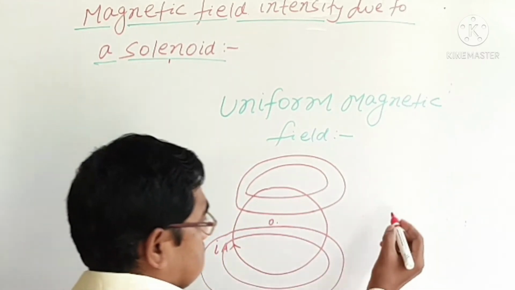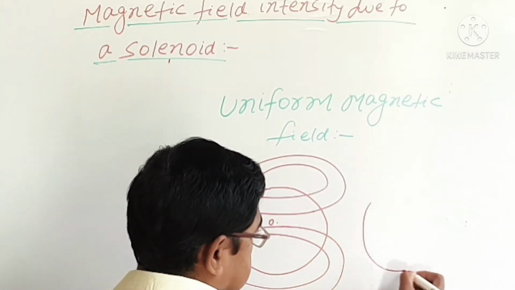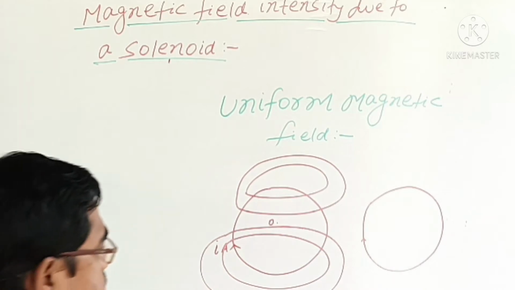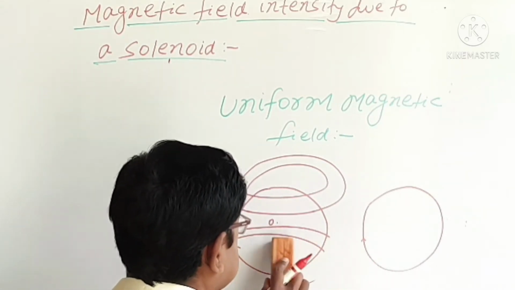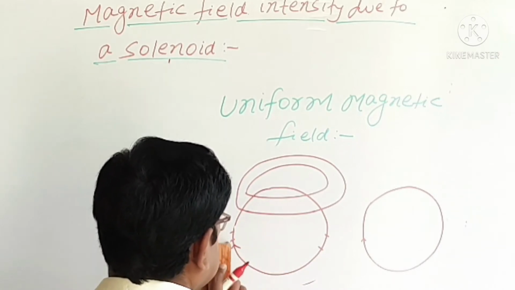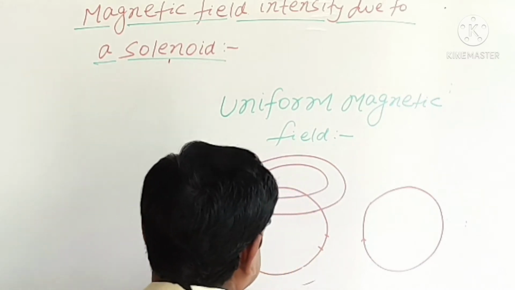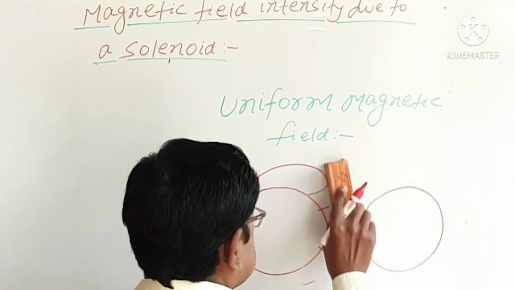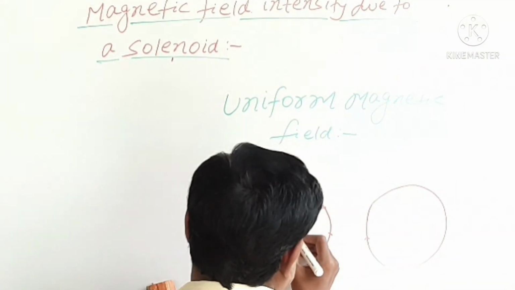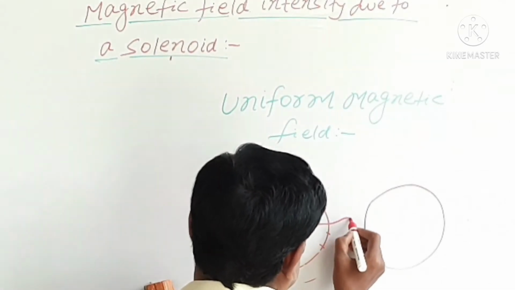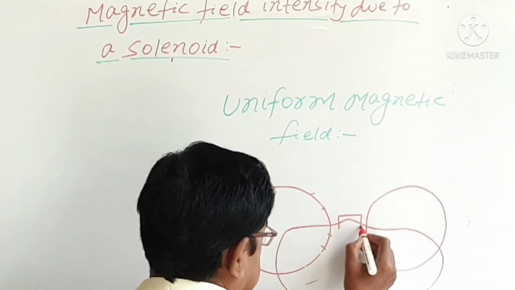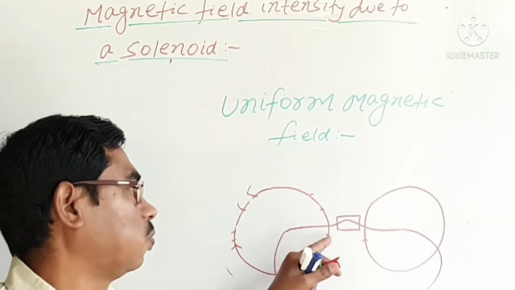So, if we consider another circular loop near this loop, then what happens? What do we observe here?